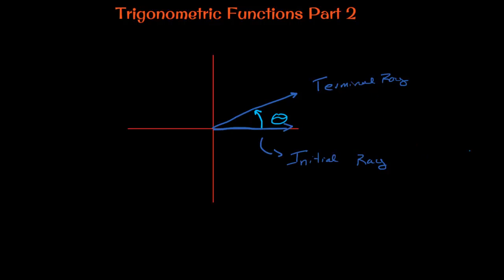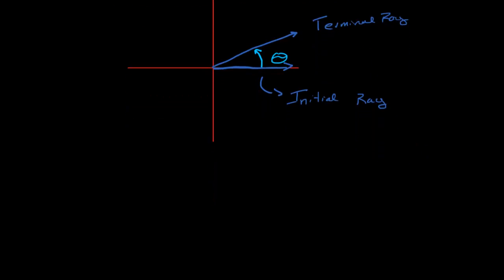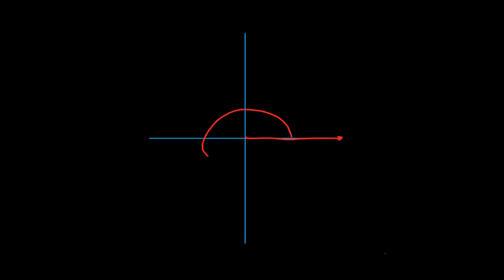But remember, the terminal ray has a very important nature in regard to the angle theta that's created. If this is our initial ray that starts at the x-axis, we could have an angle that not only goes around our axis once and comes back to the axis, but might go around twice.